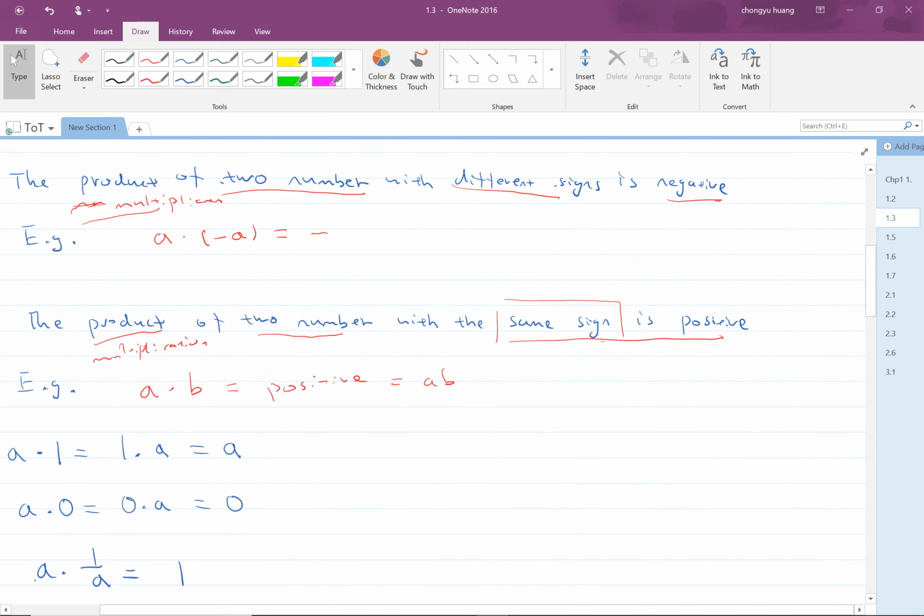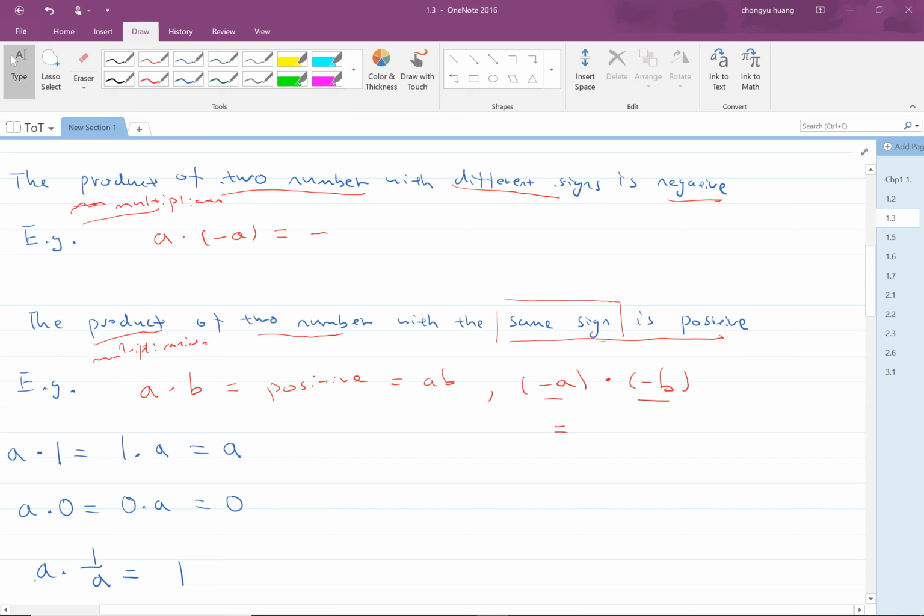Another example is negative A and negative B. The product of two numbers with the same sign: remember, negative multiplied by negative is going to be positive.